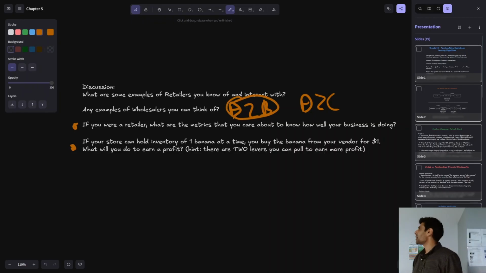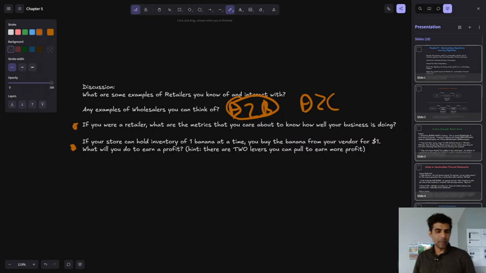Unless you have some retail, because I'm sure there's large clothing distributors, there's distributors for anything you can think of, electronics. But unless you're in that retail space, you're probably not going to know.